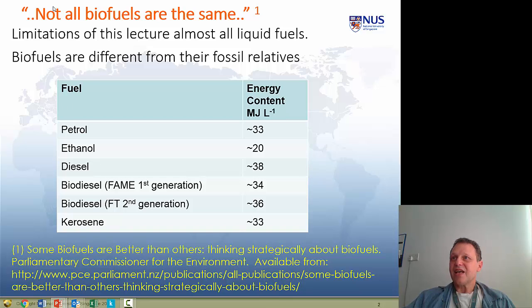In fact, that's a quote, part of a piece of work by the Parliamentary Commissioner for the Environment. When I was there, we produced this report: Some biofuels are better than others, thinking strategically about biofuels.